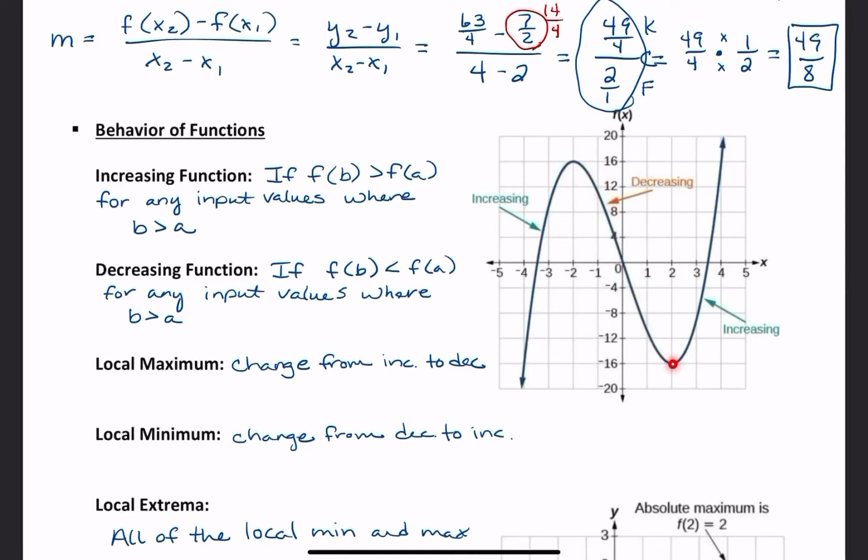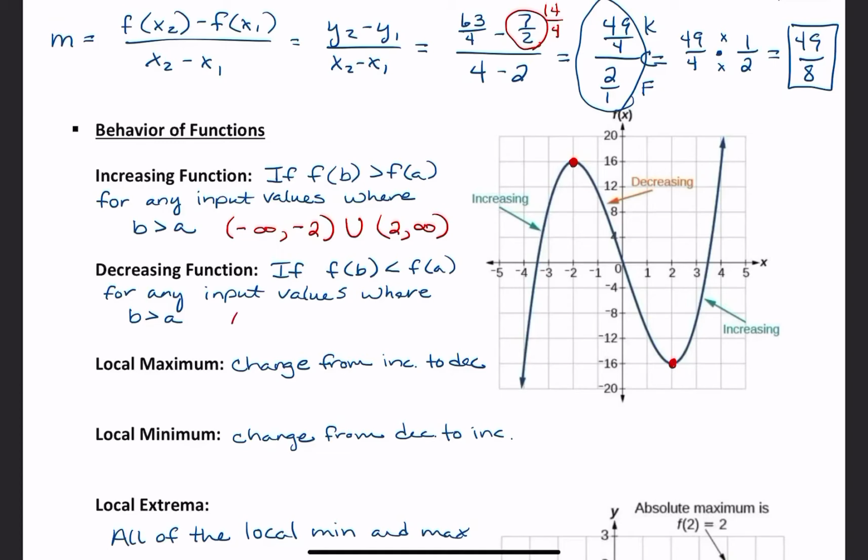And then when I start walking back uphill, that's increasing again. So when I say what parts of the graph are increasing, that's going to be from negative infinity until this point right here, which is going to be -2, and then unioned with 2 to infinity.